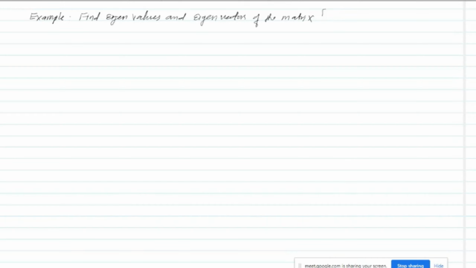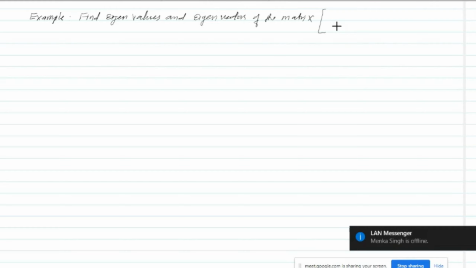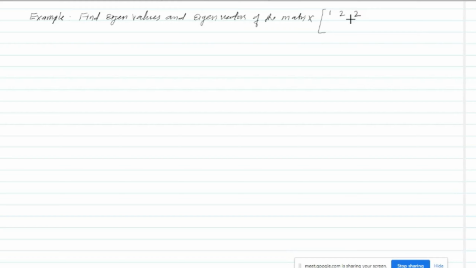Your matrix is given to you, a 3 cross 3 matrix. Row-wise, 1 2 2, then 0 2 1, and the next row is minus 1 2 2. This matrix is given to you, and we have to find the eigenvalues and eigenvectors of this matrix. So let us see how to find them.